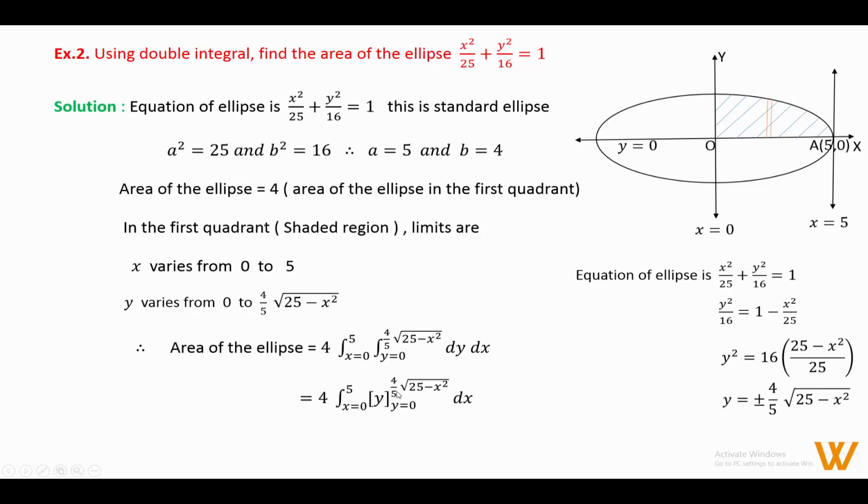Now first put the value of y at the upper limit, 4/5 square root of 25 minus x squared, then put the value of y at the lower limit 0. This is equal to 4, integration limit x varies from 0 to 5, of 4/5 square root of 25 minus x squared minus 0, dx.